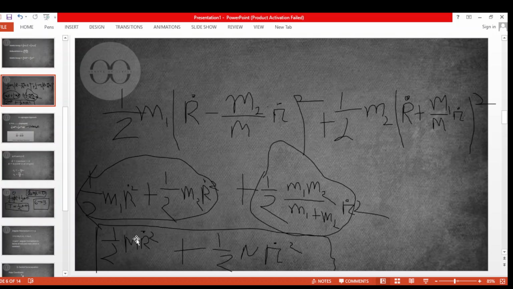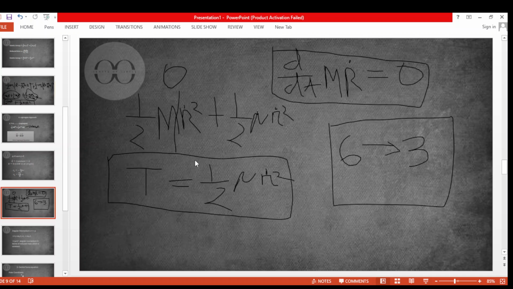In this equation, we just substituted r dot equals 0, and then we find our kinetic energy is equal to half mu small r dot squared. Here you can see now it is more like a one body problem than a two body problem, as there is just one kinetic energy equation with one mass and one position vector. Though it is not a single mass, it is a reduced mass. A reduced mass and a single mass are different in their physical meaning.